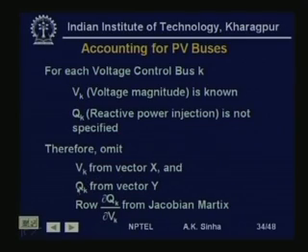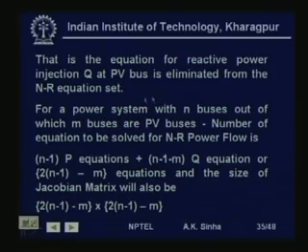So, what we do is, since q is not known for those bus bars, there is no equation for q, and therefore, the row of the Jacobian matrix for q also for that bus is eliminated, and we do not need to calculate V for that particular bus. So, V k from the vector x, q k from vector y, and del q k by del V k from the Jacobian matrix are eliminated, and what we get is that we get a smaller number of equations.